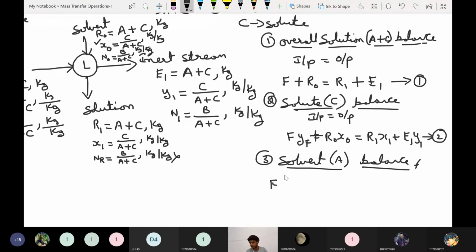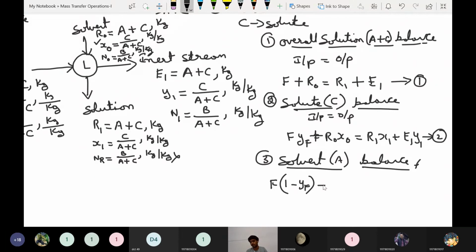So F is A plus C. Then YF means the fraction of solute present in the feed stream. The fraction of solute plus the fraction of solvent is 1 only, so we can write here 1 minus YF. This is solvent, and YF is solute.